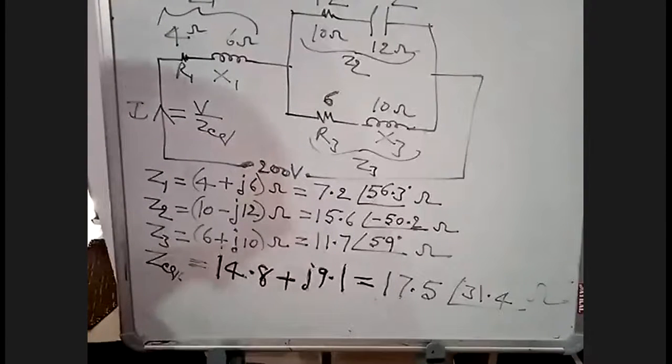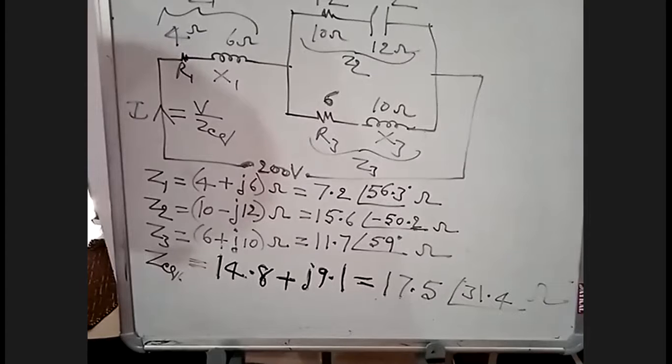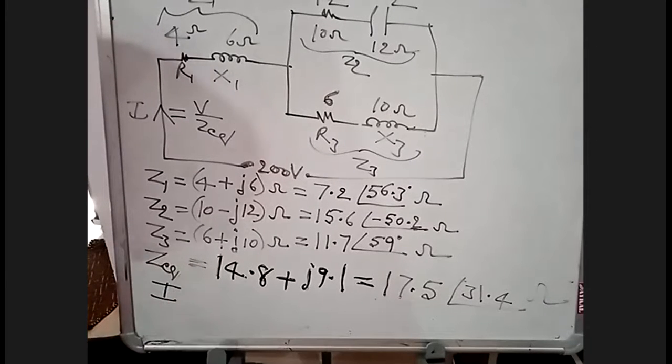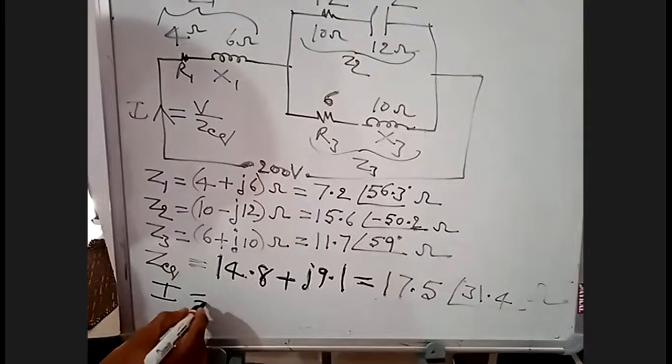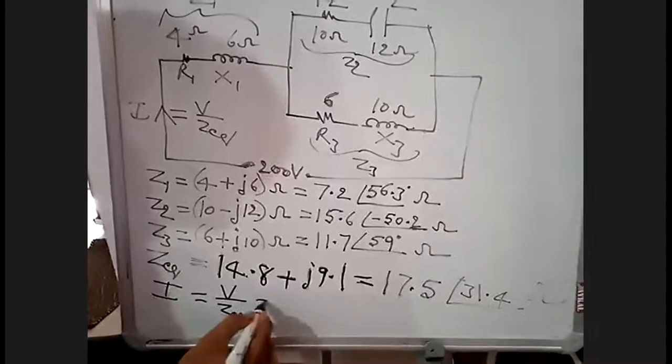In the problem, what is he asking? Total current I is equal to V by Z equivalent.